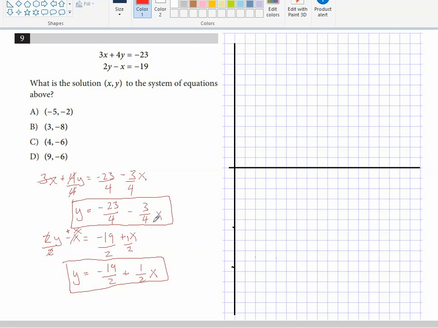So you have one slope, which is rise over run, so down 3 and over 4, and up 1 over 2. So let's draw this first line here.